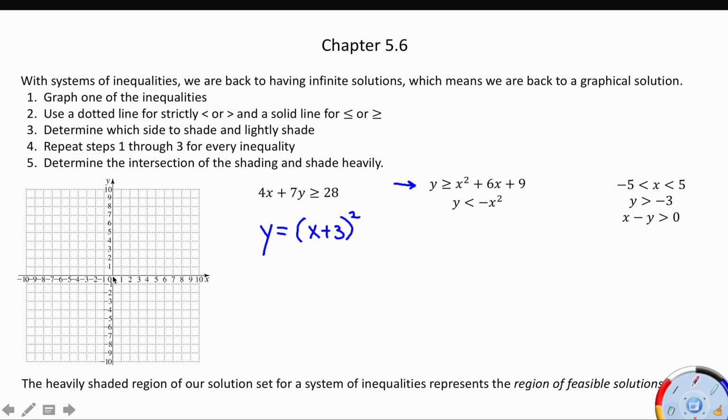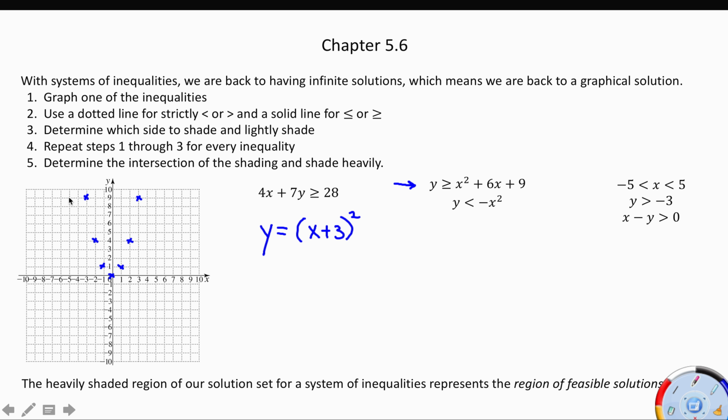If I'm graphing a parabola, my basic points are these. If I were just graphing y equals x squared, I would connect these points, and there's my parabola. But I want to move every one of these points inside with the x, so go the opposite direction. I want to move them left 3.